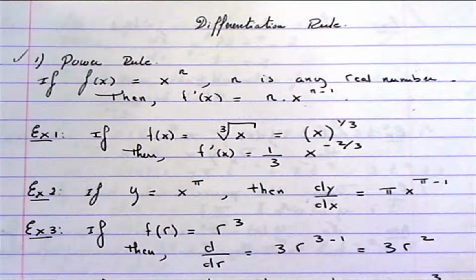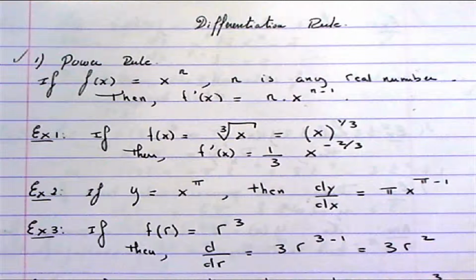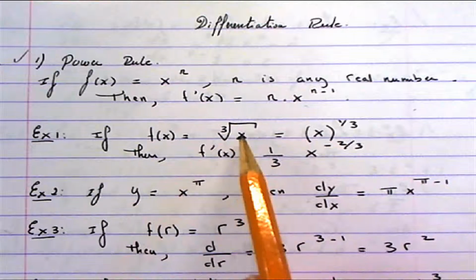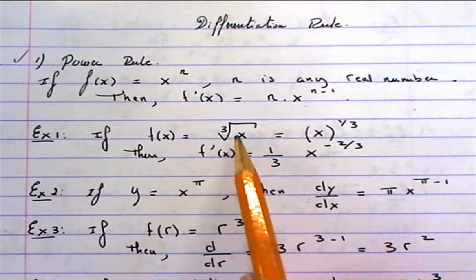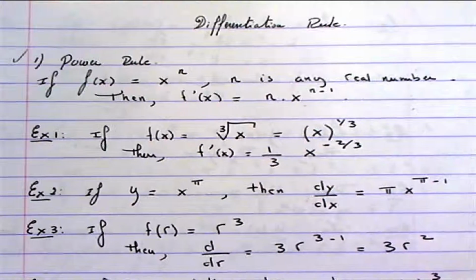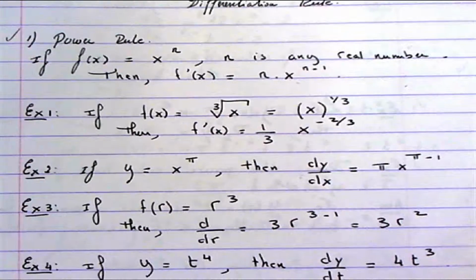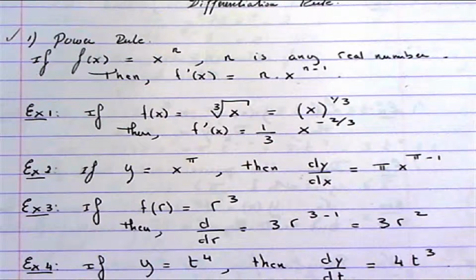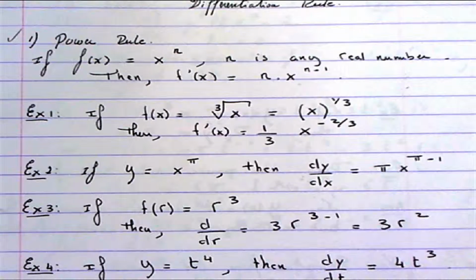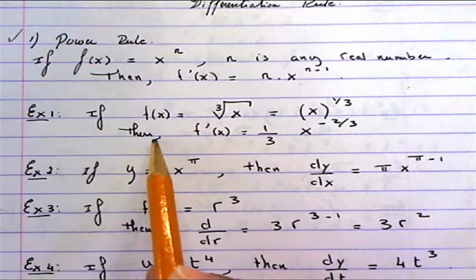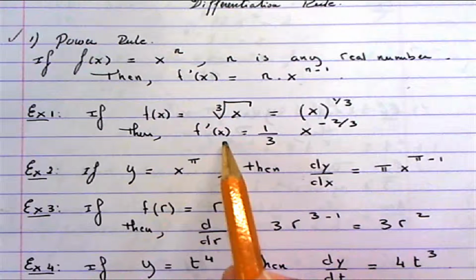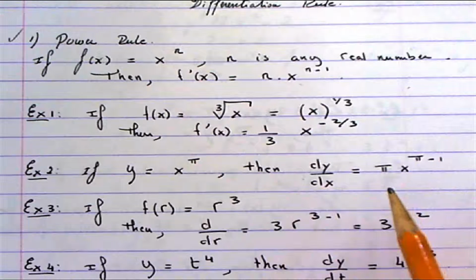Let's look at an example to clarify this understanding. If f of x is the cube root of x, it also could be written as x to the 1/3, right? According to algebra 2, you should know this already. Then observe, people, if I take the first derivative of this one, what do I need to do here?